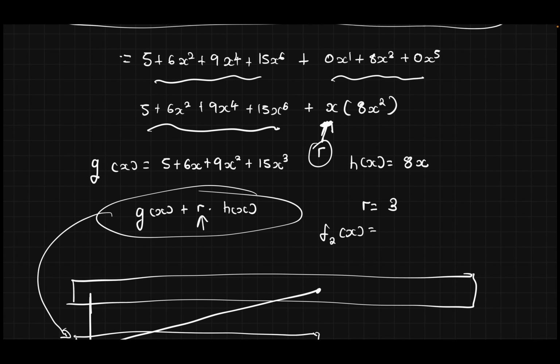So what's the folded result? That's 5 plus 6x. That's this side. Then we're now going to do 3 times this other side. But you can collect like terms.